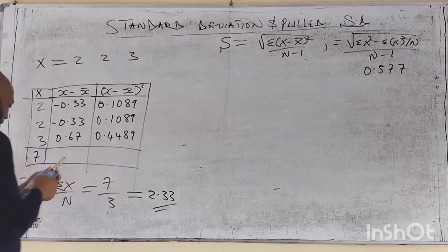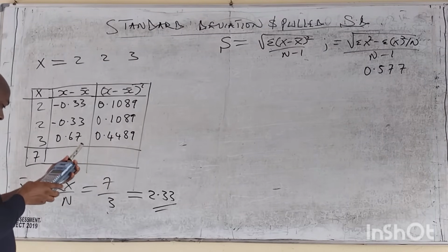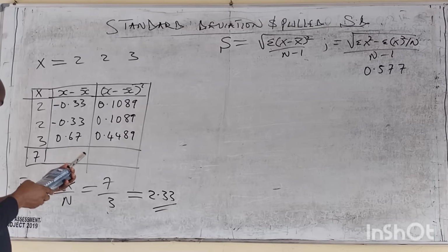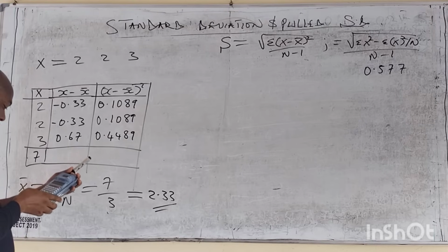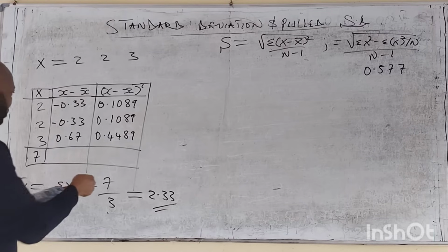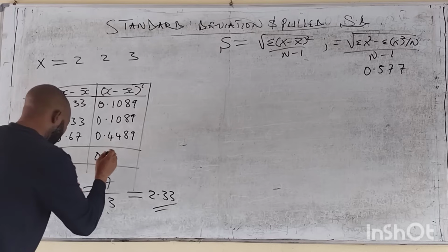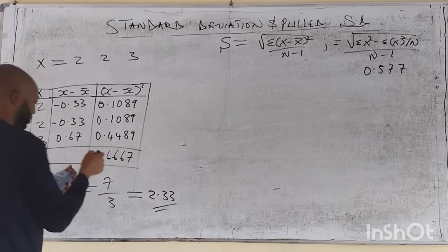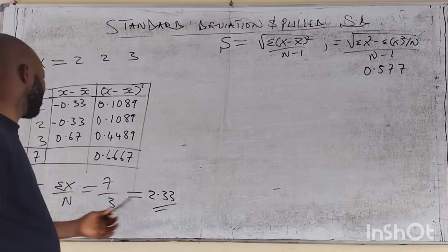The summation of that is 0.1089 plus 0.1089, 2 cases, plus 0.4489, which is equal to 0.6667. Now, application.